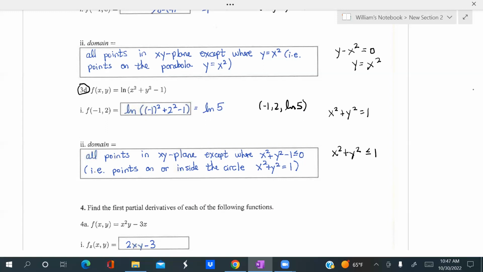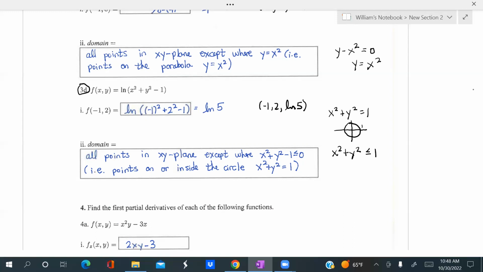Well, that's the formula for a circle. In fact, that's what's called the unit circle. That's the circle that is centered at the origin and has radius 1. So if you graph that, I'll make a really rough graph, you're going to get a circle that looks like this. It has radius 1.